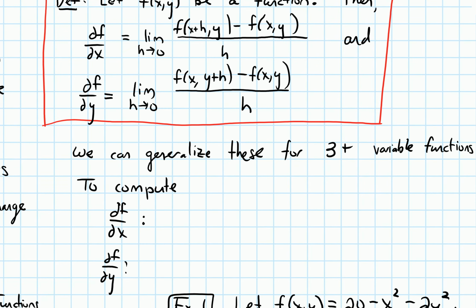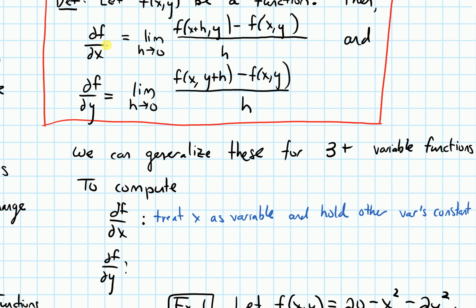Okay, so in practice, if we want to compute, first let's do del f del x. What we do is we treat x as a variable and hold any other variables that are in the function constant.